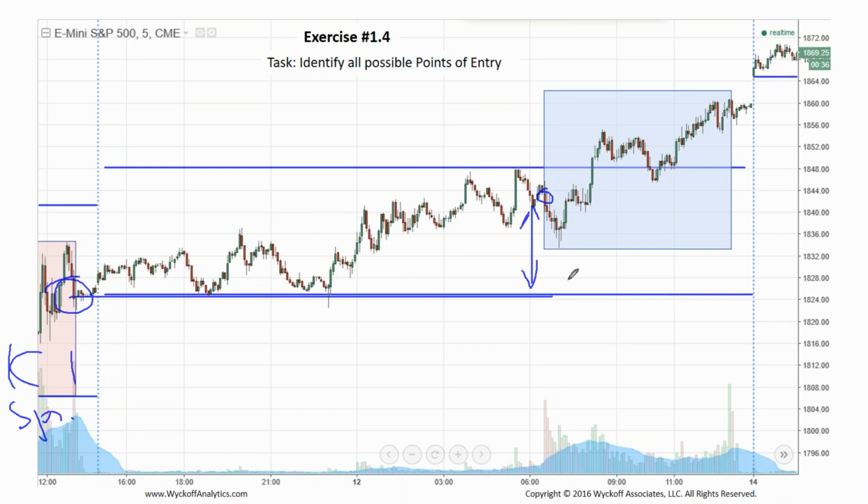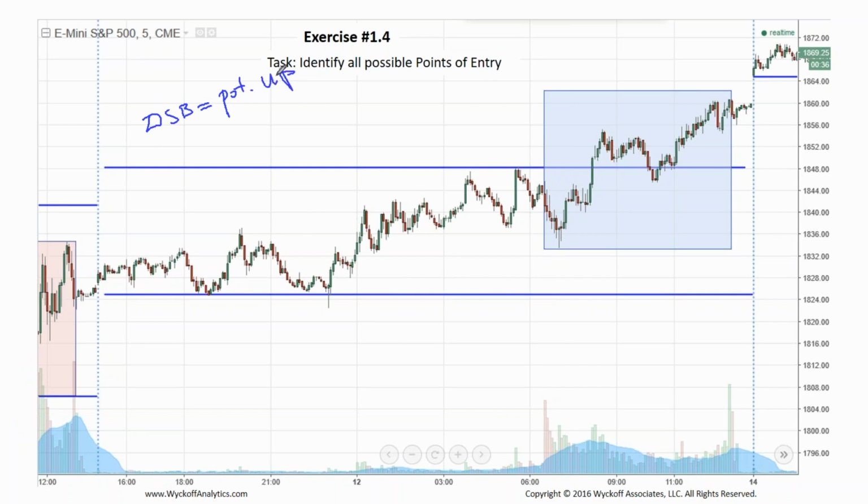Yeah, especially if it doesn't try to fill the gap too hard and then goes on up. Okay, so we are coming in with a very heavy daily swing bias potentially up, and then the intraday swing bias based on the structure is definitely up. Okay, so what would be our points of entry here during the US session?